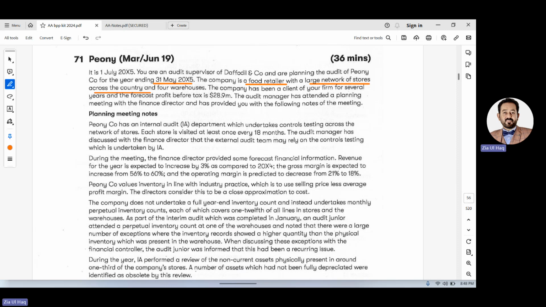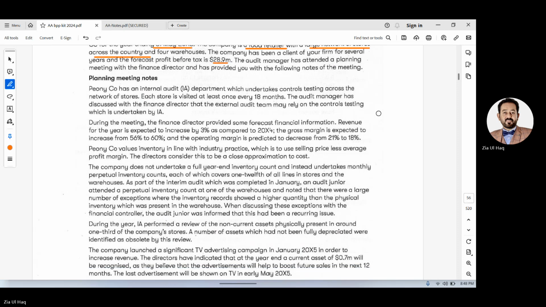The company has been a client of your firm for several years and the forecast profit before tax is 28.9 million. The audit manager has attended a planning meeting with the finance director and has provided you with the following notes of the meeting. Peony Company has an internal audit department which undertakes controls testing across the network of stores. Each store is visited at least once every 18 months.